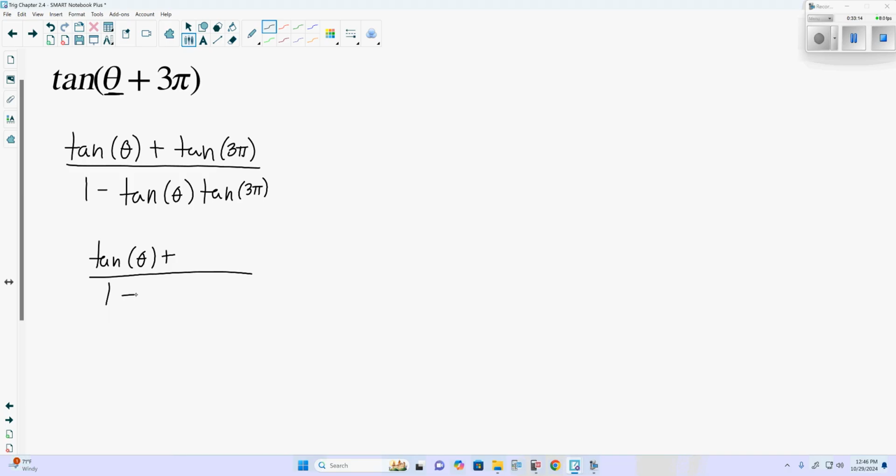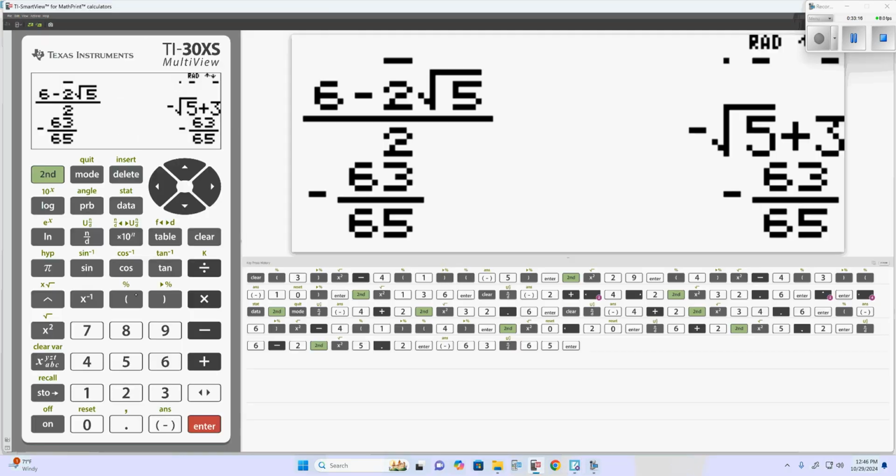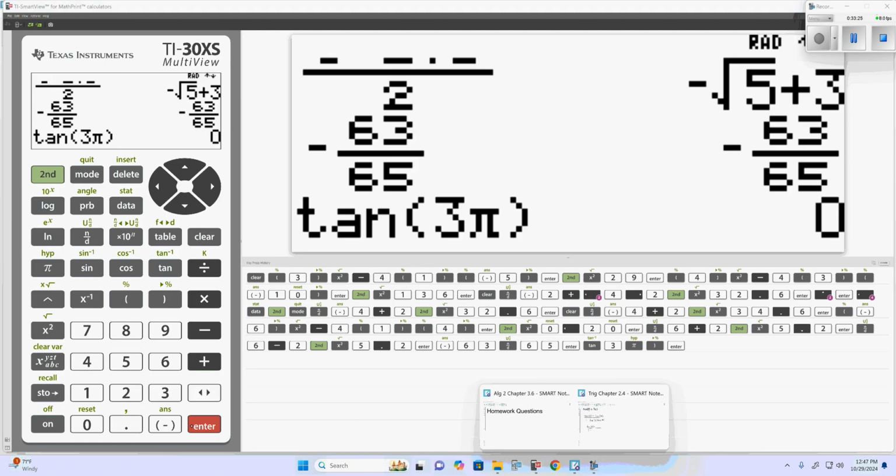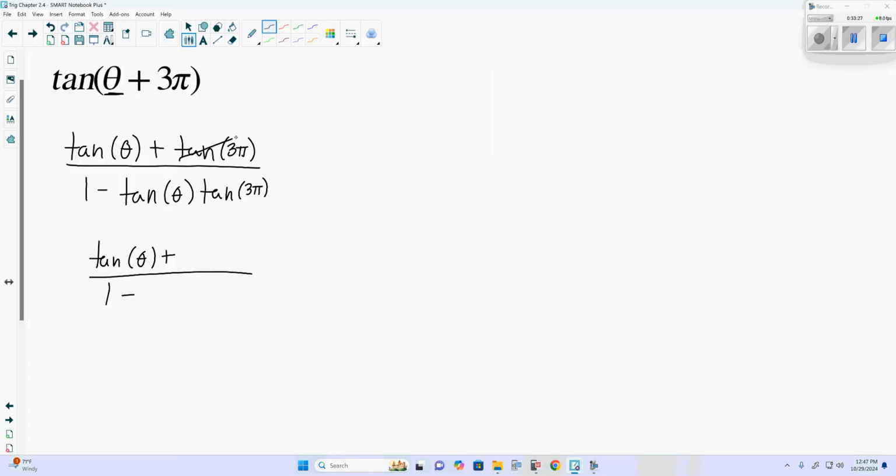So we're using our formula with u and v. Now let's figure out what tangent of 3 pi is. Tangent of 3 pi is 0. So looking back at this, that's going to be 0, that's going to be 0. So we really have 0 plus tangent of theta, over 1 minus tangent of theta times 0.